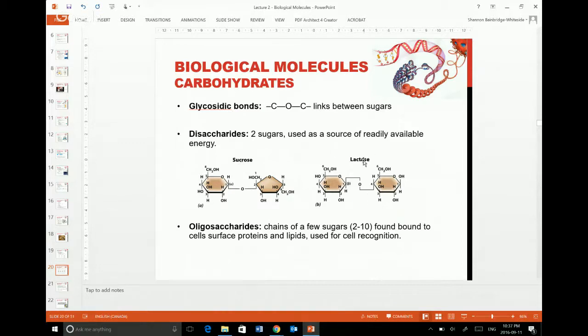Lactose, which you've also heard about, is a glucose bound to a galactose, and there are a variety of different combinations that you can make up. We just said oligosaccharides are going to be chains similar to this that are anywhere from 2 to 10 in length, and they often play a role not so much in providing energy, but instead in acting as surface markers on cells, bound to lipids or proteins.